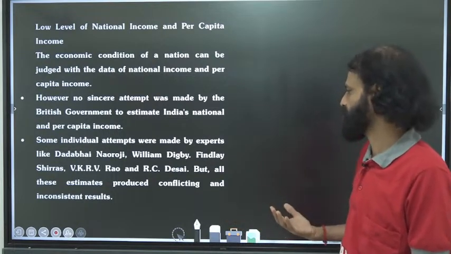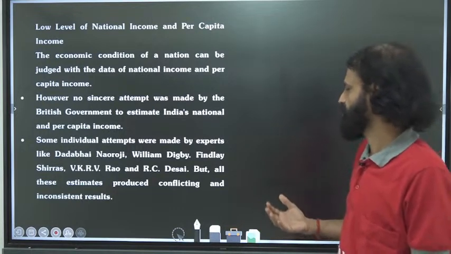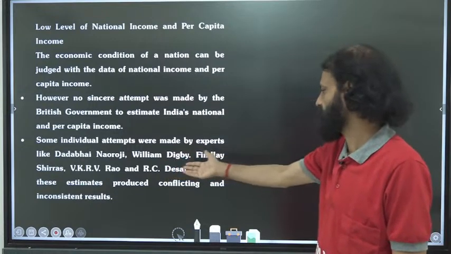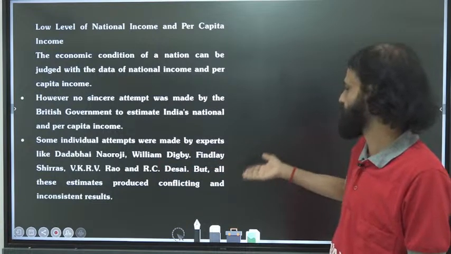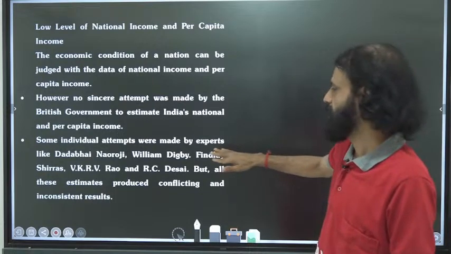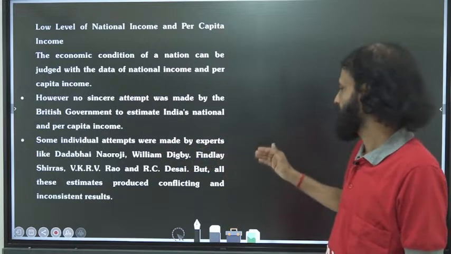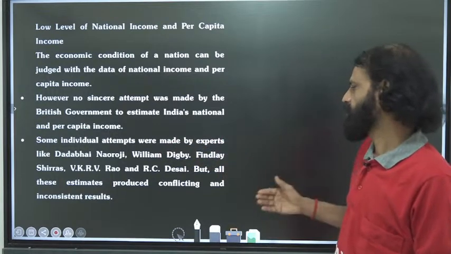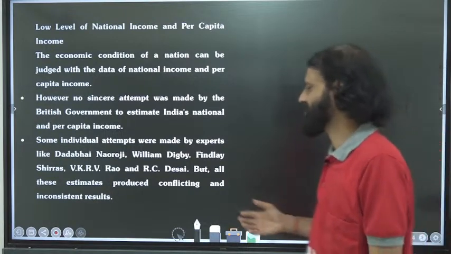Some individual attempts were made by experts like Dadabhai Naoroji, William Digby, Findlay Shirras, V.K.R.V. Rao and R.C. Desai. All these eminent scholars made laborious attempts to estimate India's national income. But all these estimates produced conflicting and inconsistent results.